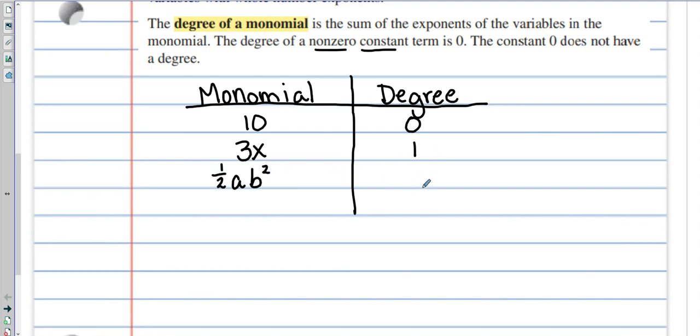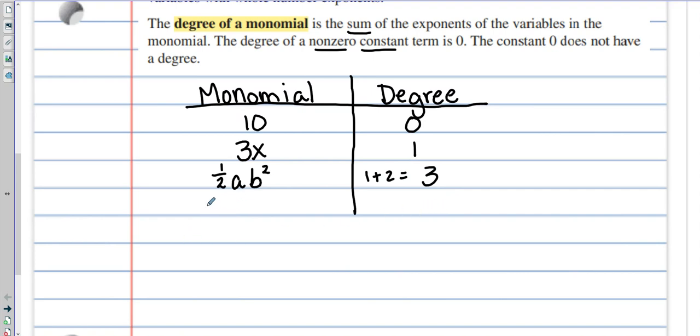Okay, we want to find out what is the degree of this monomial. Now, the degree of a monomial is the sum of the exponents. Here we have an invisible 1. We have the exponent of 2, and so you have to add the two exponents. So our degree is actually 3.